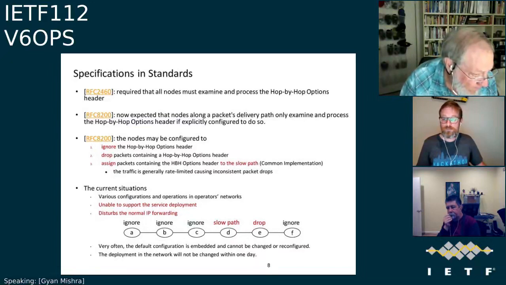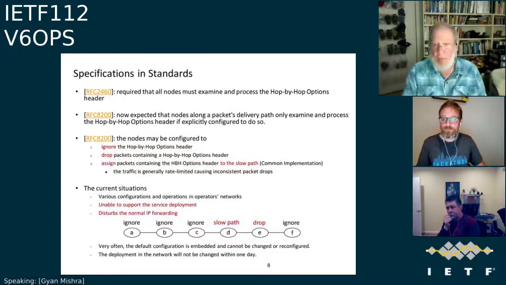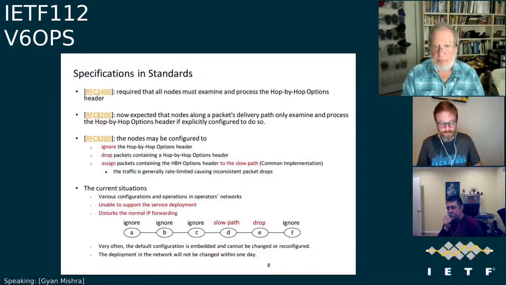That does help operators as well, to not have that fear about the separation of control plane and forwarding plane. Nodes that are maybe down rev can, with local configuration, avoid having to process HBH options if they're not capable of doing so.